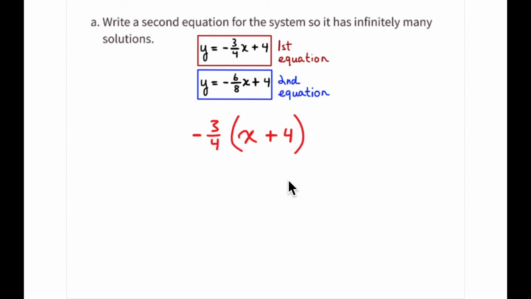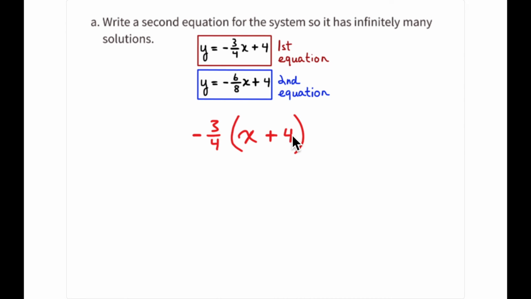Okay, this is probably the most obscure part of this video, in that you oftentimes see equivalent equations that are using the distributive property that equal something that does not include the distributive property anymore. And it took me a while to figure out how to write that, how to do that. So what I did is I just decided I'm going to pull this negative 3/4 out of this expression.